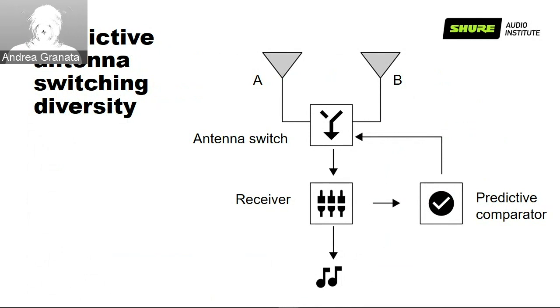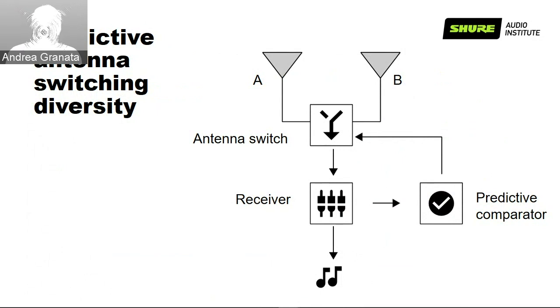By default, I'm working with antenna A. The receiver receives minus 20 dBm, so a super loud signal. He's happy, it doesn't change. But then this signal starts to go down. Let's say that it goes down to minus 50, 60 dBm. At this point, the predictive comparator knows that the signal is going down, and therefore switches to antenna B.